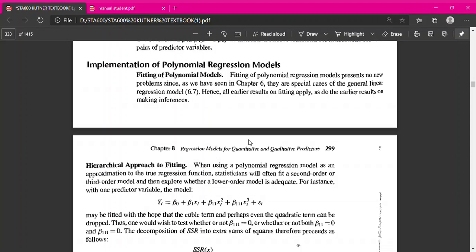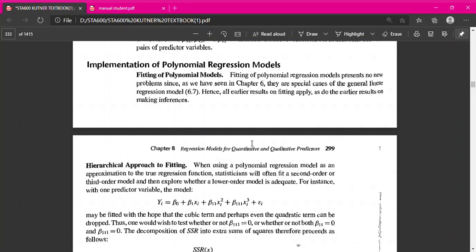Okay, so macam mana implementation untuk polynomial regression model ni? Polynomial ni actually sama juga dengan multiple regression, tapi ianya not linear lah. Jadi dinamakan polynomial regression, means that we have several x, tapi the relationship between the y and the x tu not linear. Okay, because of that kita gunakan polynomial.